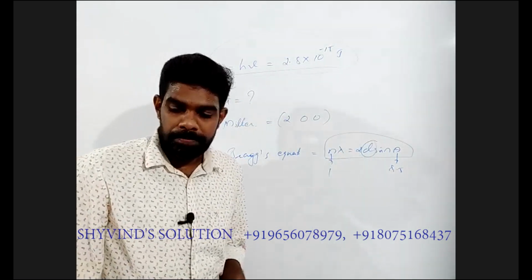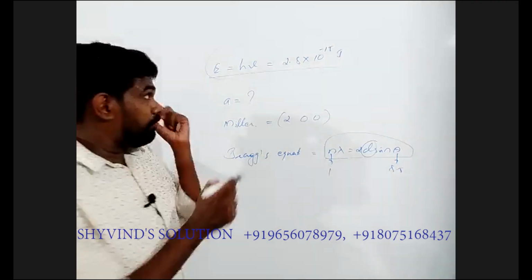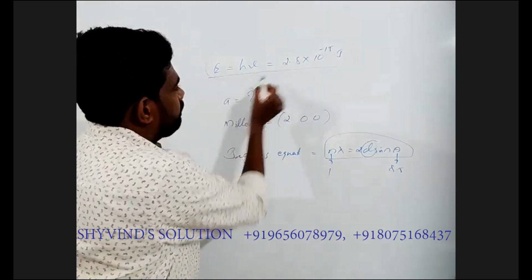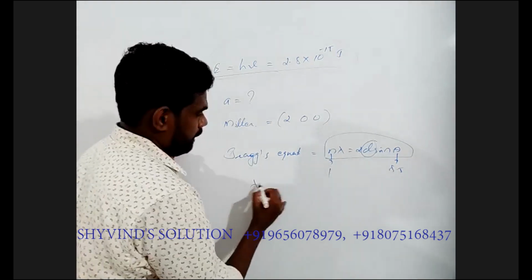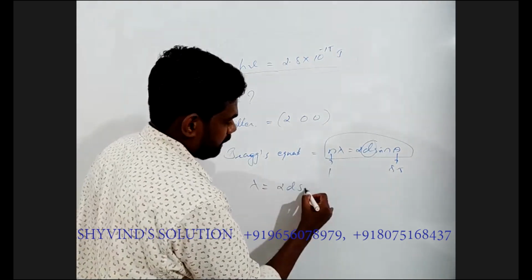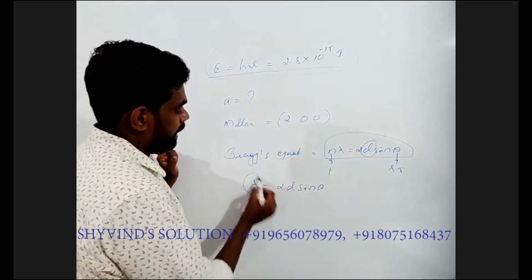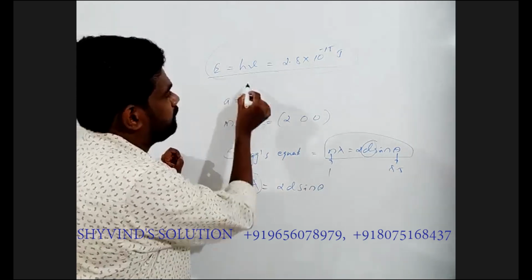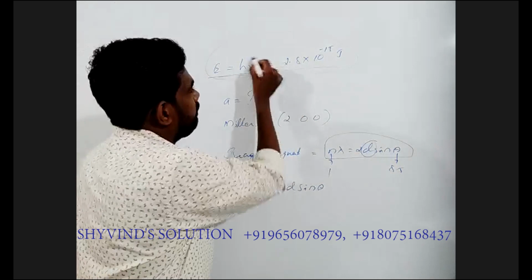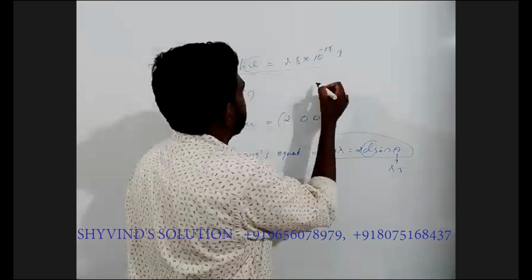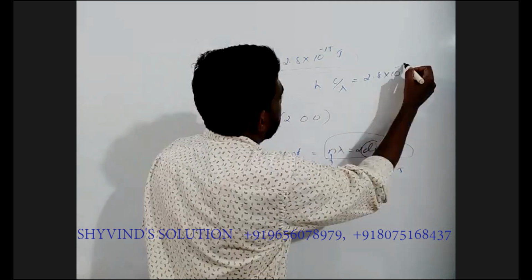So if we substitute the values here, n lambda equal to 2d sine theta. n is 1 for this particular reaction, so lambda equal to 2d sine theta. So we should find the lambda. But the energy is given. We know the relation between lambda and energy. We know h nu equal to hc by lambda. So we can say hc by lambda equal to 2.8 into 10 raised to minus 15 joules.